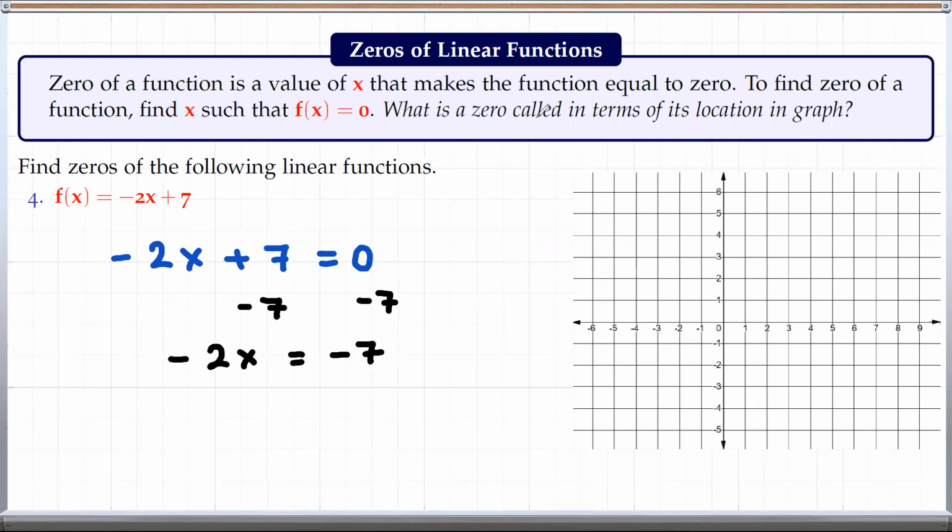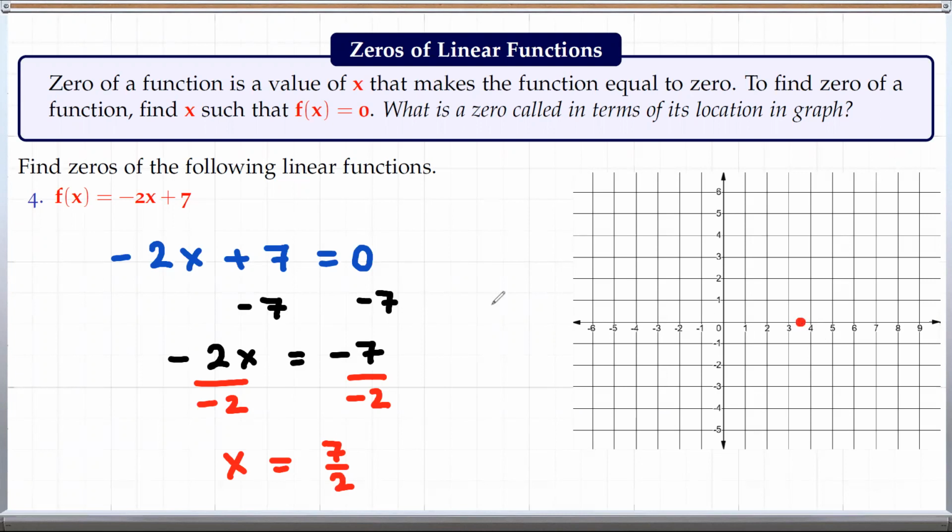And then we can divide both sides by negative 2 because we want to isolate x. So we get x equals 7 by 2. So this is the 0 of this given function. So 7 by 2 is 3.5, which is over here.